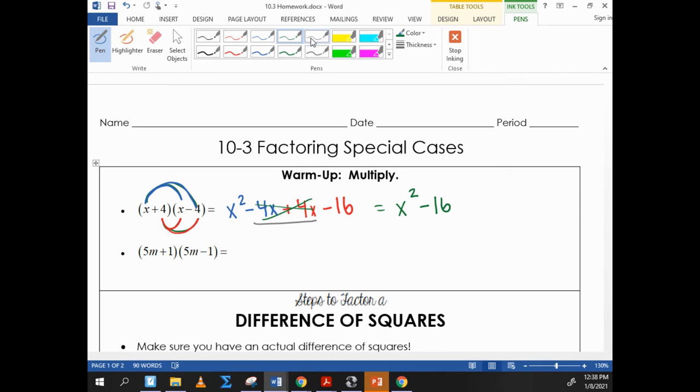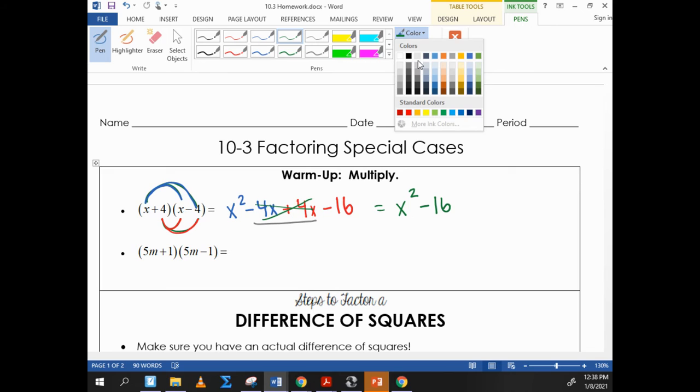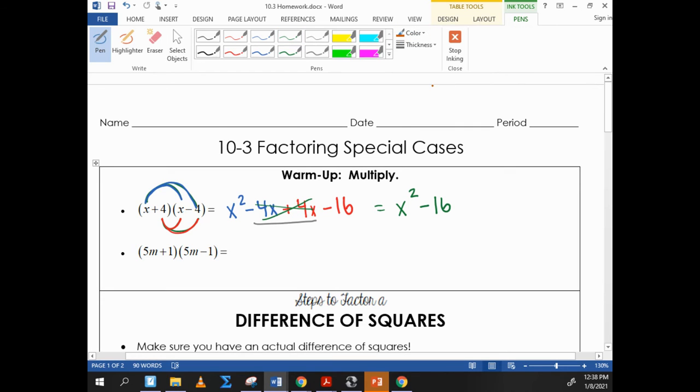Let's look at this last example here on the warm-up. We're going to do the same thing, 4 multiplications. 5m times 5m: 5 times 5 is 25, m times m is m squared, so we've got our 25m squared. 5m times -1 gives me a -5m.